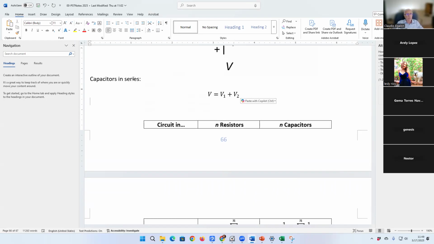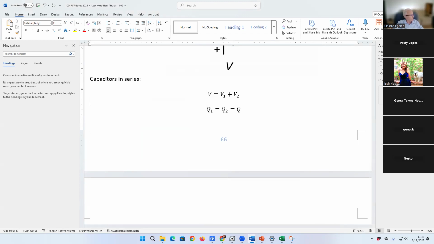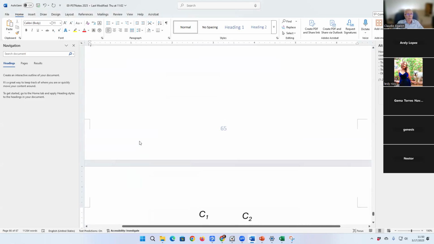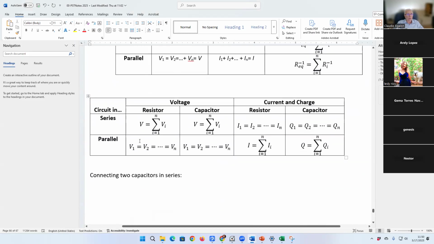V equal to V1 plus V2, and Q1 is equal to Q2, which is equal to Q. Recall the equation for capacitance.